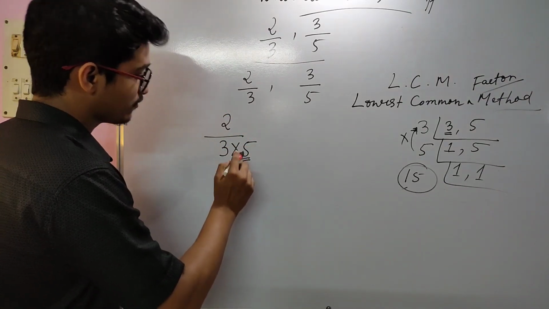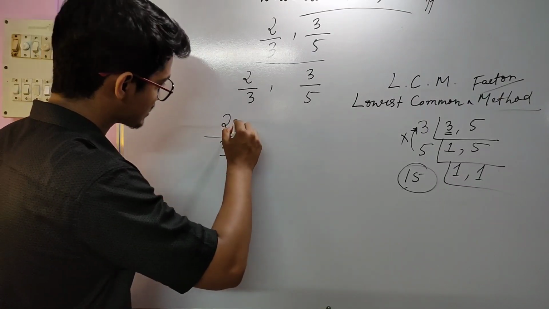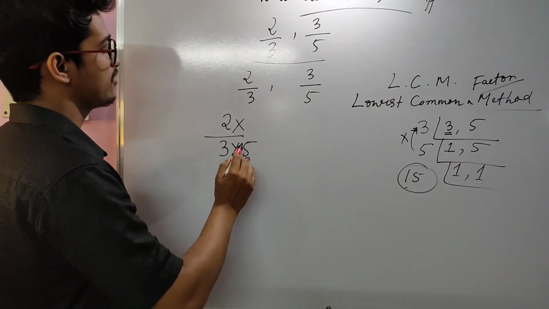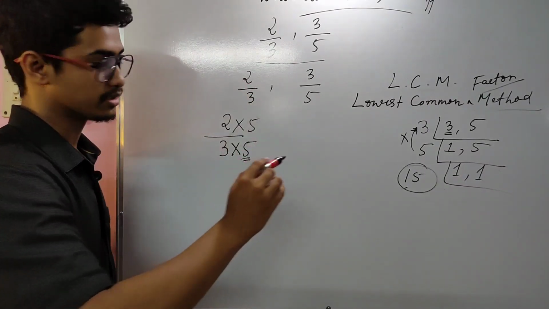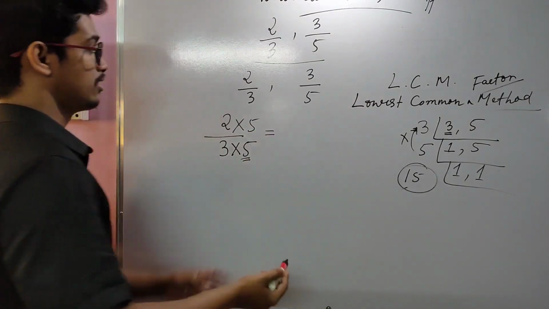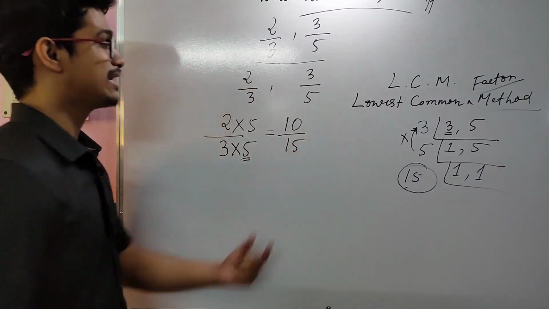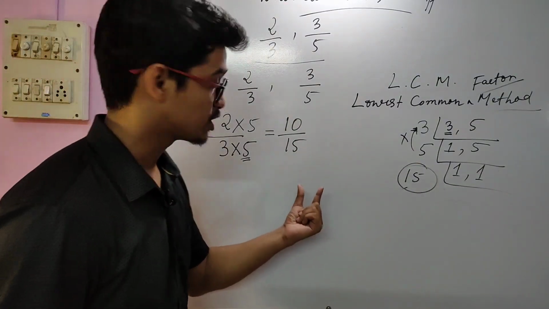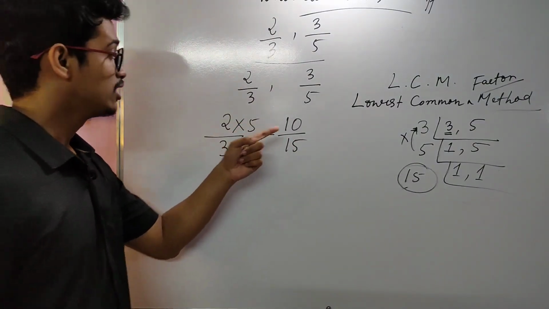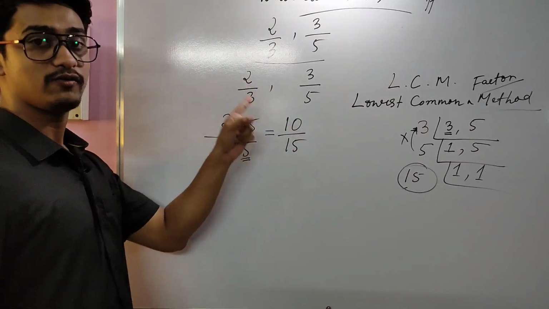So in the denominator we have multiplied 5, so it is our rule to multiply 5 in the numerator. So what is the net result? That is 10 by 15. So that is the equivalent fraction of 2 by 3. 10 by 15 is the equivalent fraction of 2 by 3.